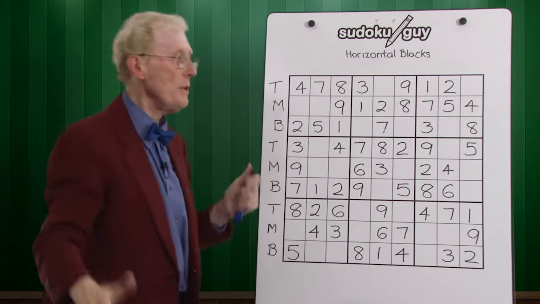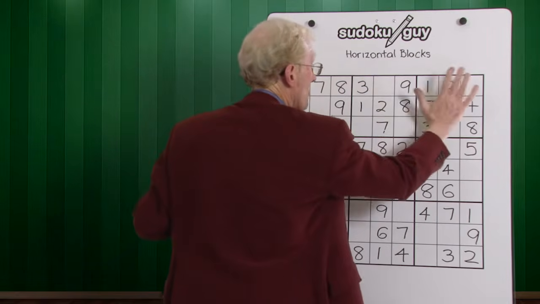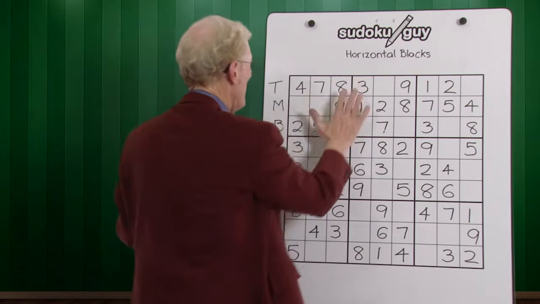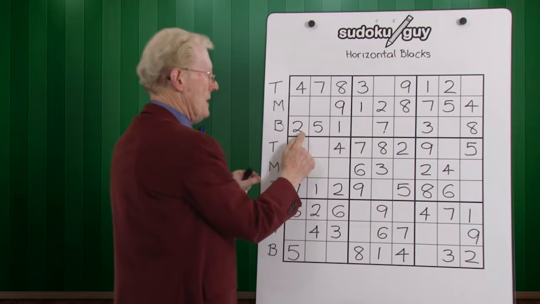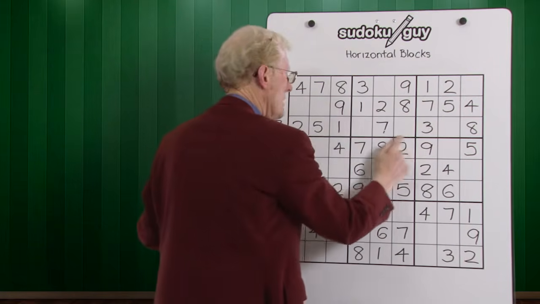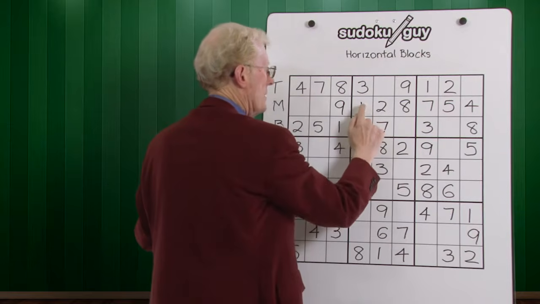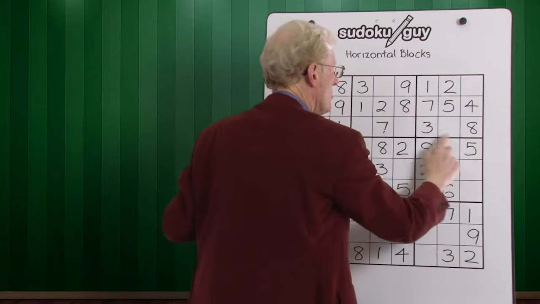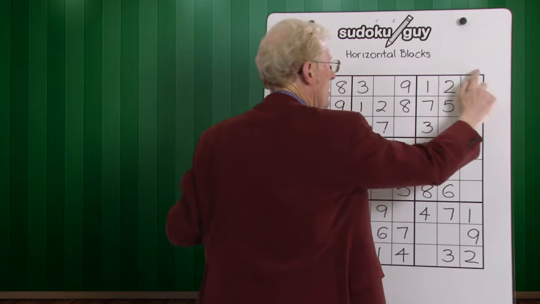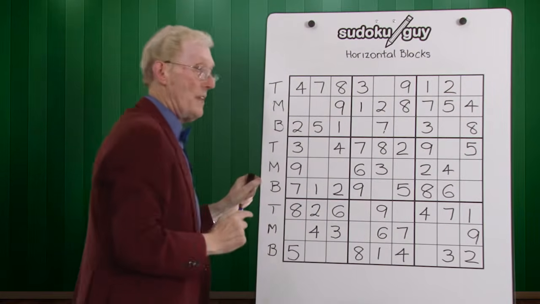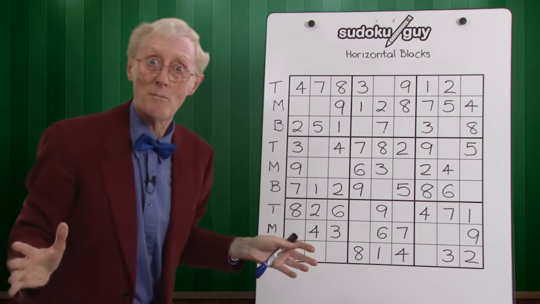The ones are already in our 3 horizontal blocks. Let's go to 2 now. In this block here, 2 is in the bottom again. And in this block here, 2 is in the middle. And in this block here, 2 is already there. It's in the top. So we have a bottom, a middle, and a top. That was easy. We don't have to do anything about 2s.